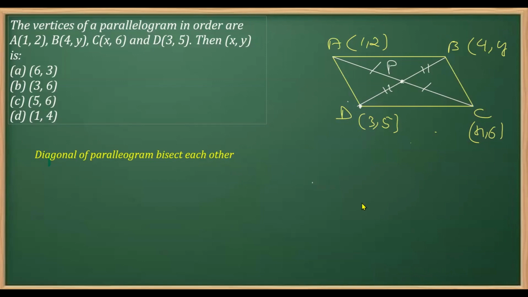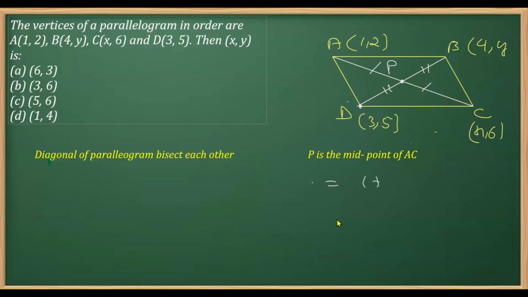So now we can say that P is the midpoint of AC. First, I'm going to apply the concept that P is the midpoint of AC. Then, using the special case of the section formula, the x coordinate of P is (x1 plus x2) over 2, that is (1 plus x) over 2.